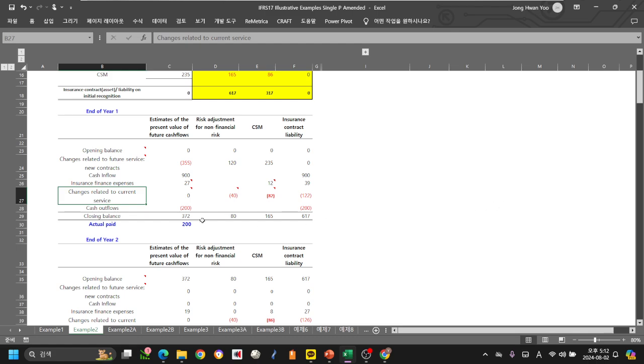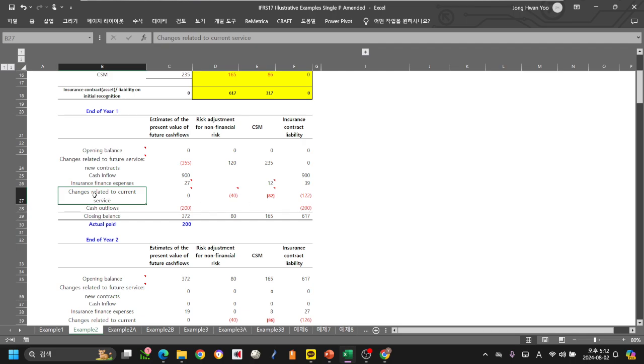And also RA has to be allocated for the total 3 years, and the standard says it has to be based on the risk release pattern. That risk means insurance risk for the specific type of coverage, and this one is simply like 40 each year.